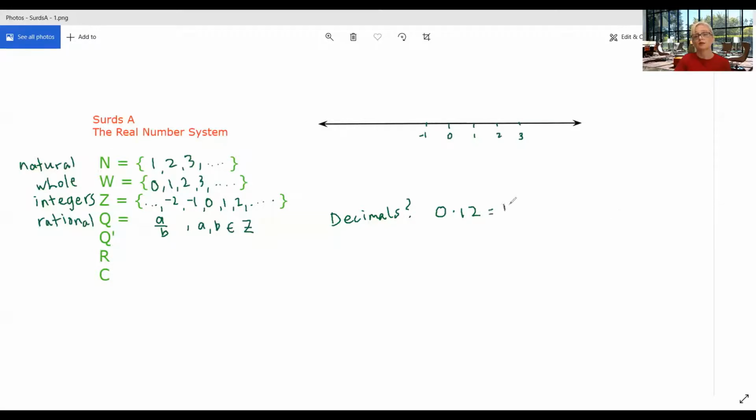So this, for example, is 12 over 100, and we can simplify it, but that's enough to say that, yes, that is rational. Every recurring decimal will also be a rational number, and I will show you how to change from a recurring decimal into a fraction in our next video, just for interest.